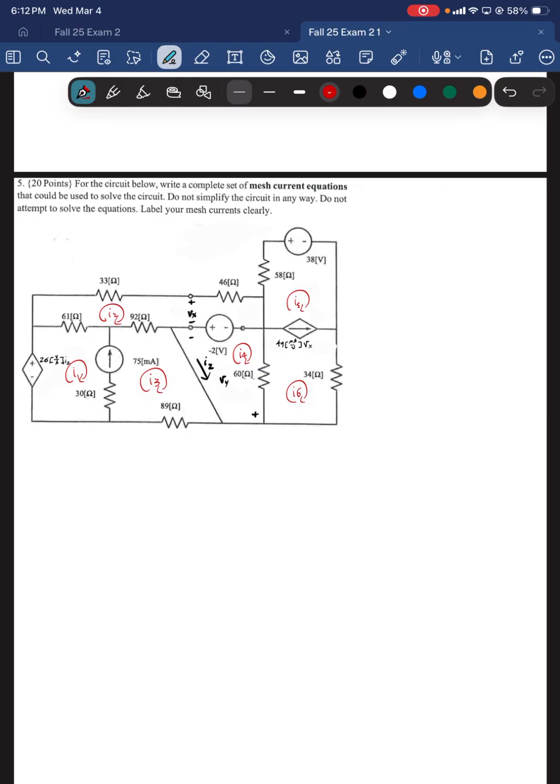So we have 6 meshes. We're going to need 6 mesh equations and then however many dependent variable equations, right? That should be sort of our first observation there.